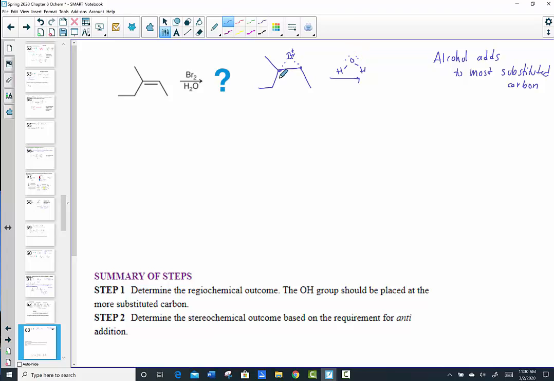That means that the more substituted carbon, which is more electrophilic, is going to be attacked by the water molecule. Which means out comes right here the protonated alcohol, and that's an oxonium ion carrying a positive charge.